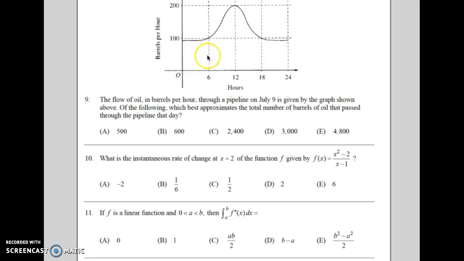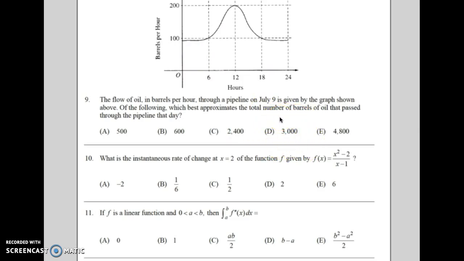Here I count 1, 2, 3, 4, and then both of these look like they're a half, so it's about 5 rectangles. But each one is not worth 100. Each one has an area of 600 because it's 100 by 6. So 5 times 600 gives you 3,000.